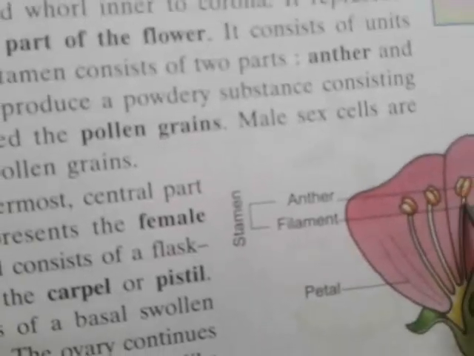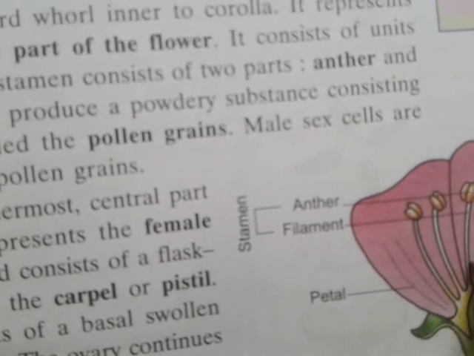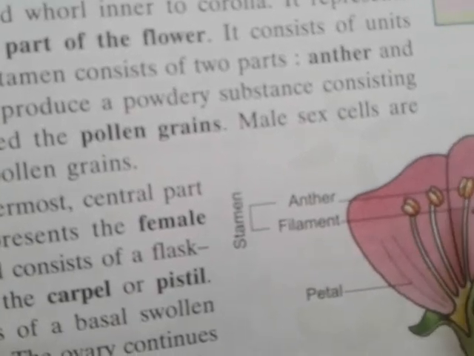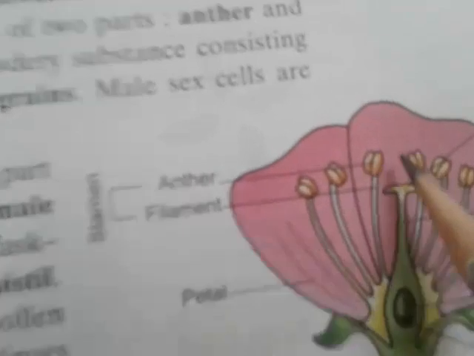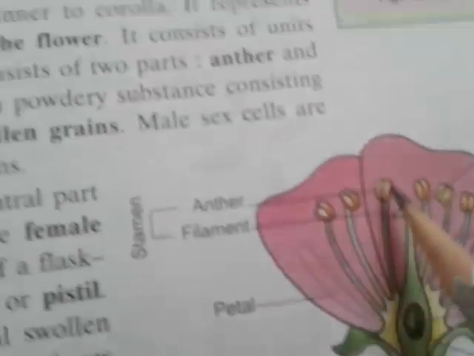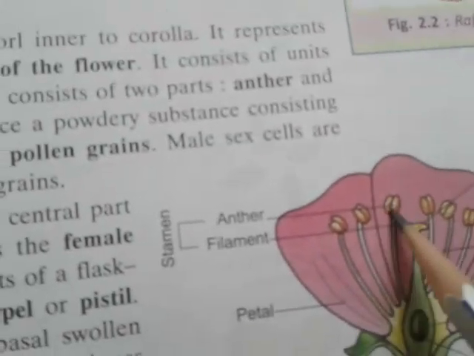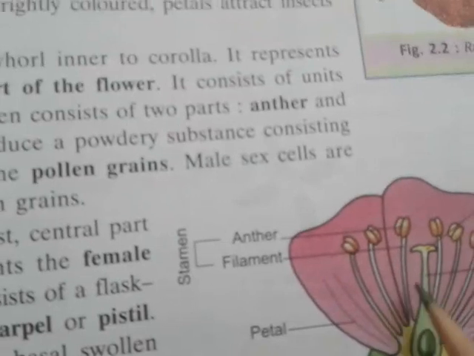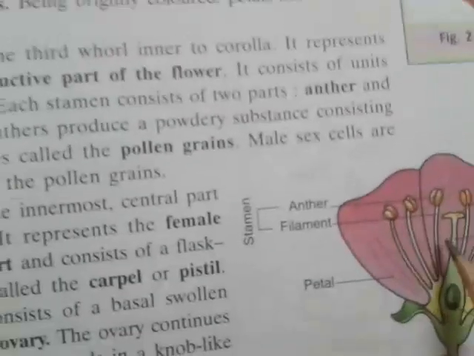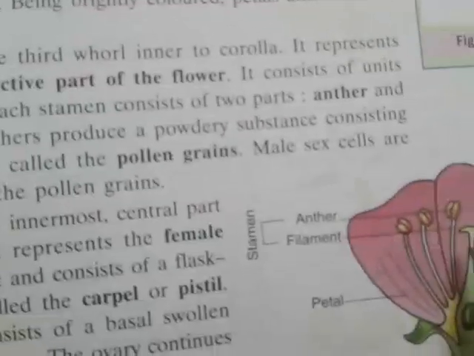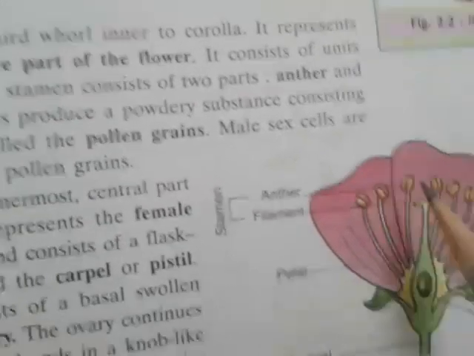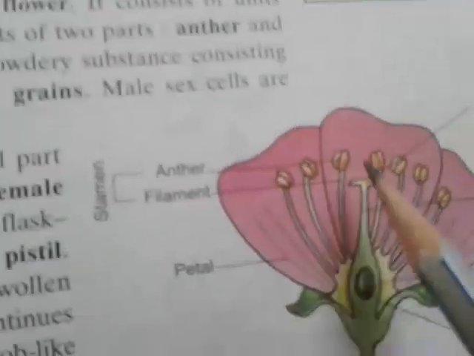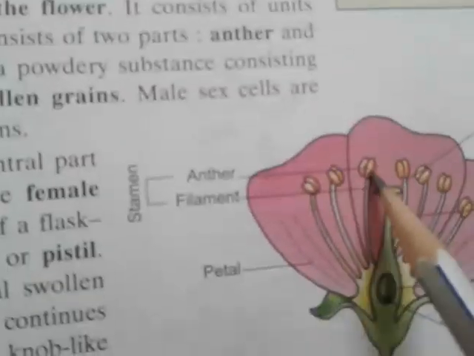This part is called anther, this part is called filament, and the whole thing is your androecium part. The anther produces a powdery substance consisting of tiny structures called pollen grains. So anther contains the pollen grains.